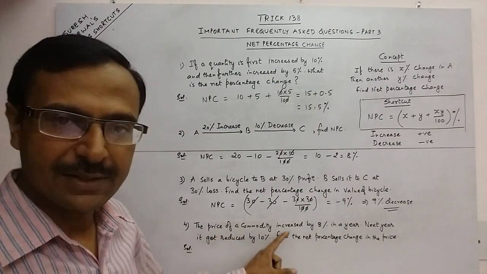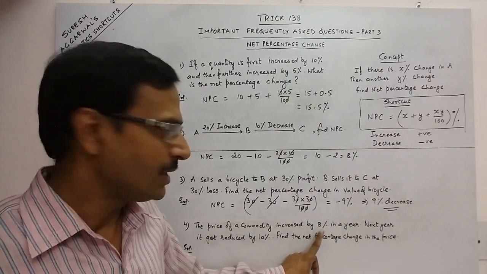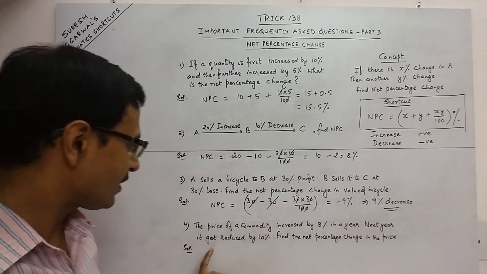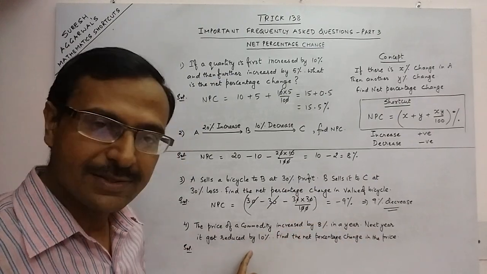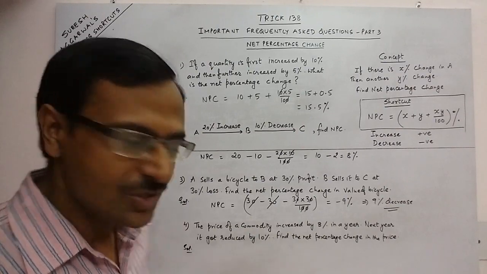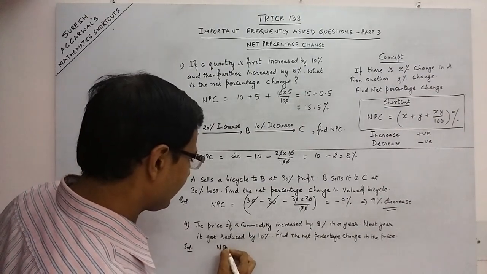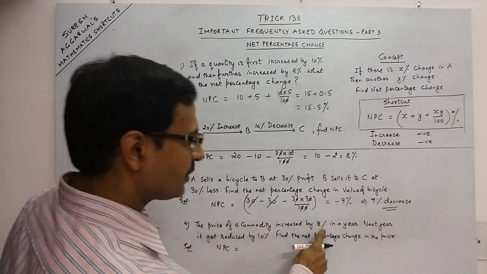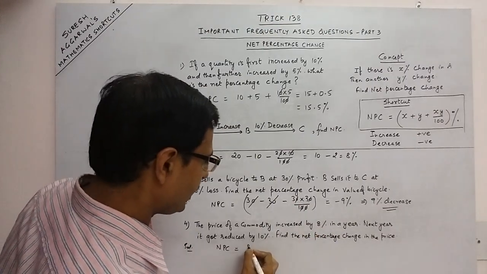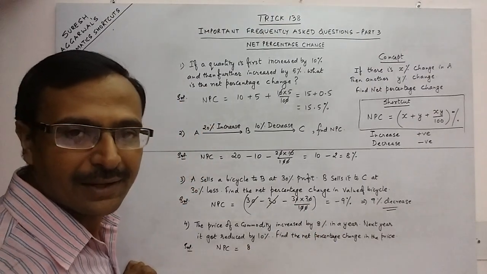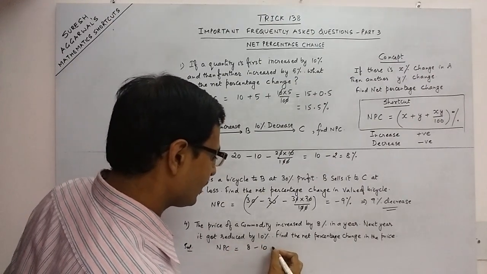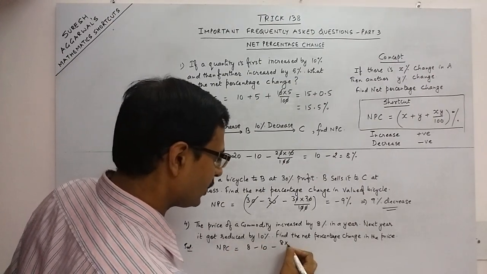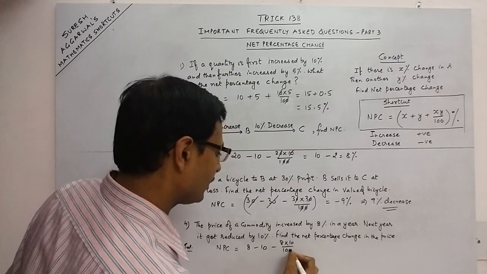The price of a commodity is increased by 8% and next year it got reduced by 10%. So one increase and one decrease, and you have to find the net percentage change. NPC: 8% increase, so 8, then 10% reduction, so minus 10, minus 8 into 10 upon 100.